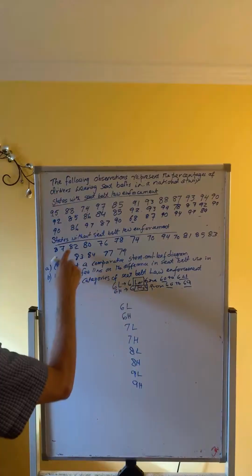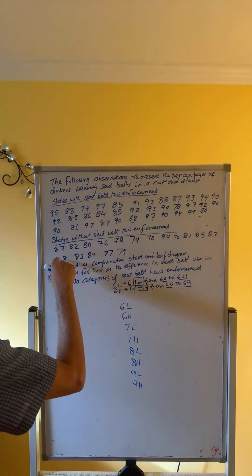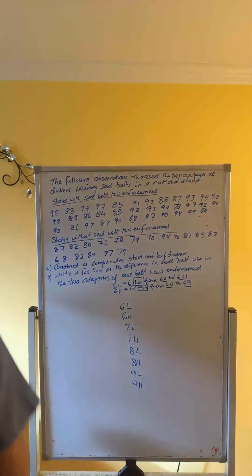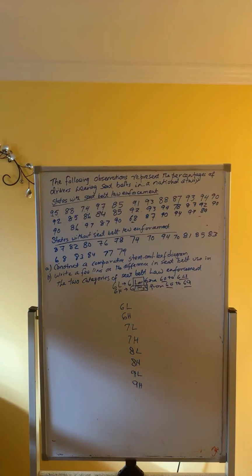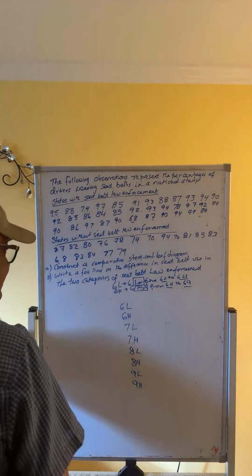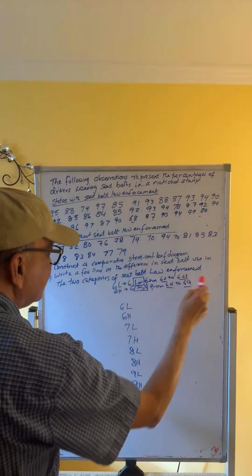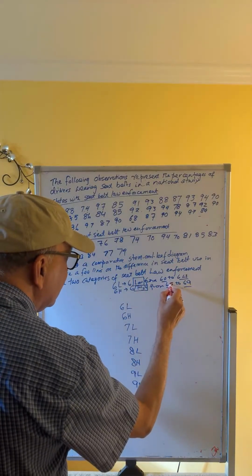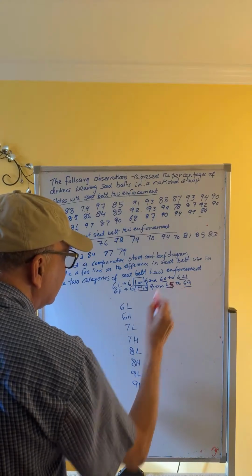The lowest in each category is 68. 68 over here, 68 over here, which is, I will do the leaves with a different color. 68 is 6 high, because 6 high is from 65 to 69.